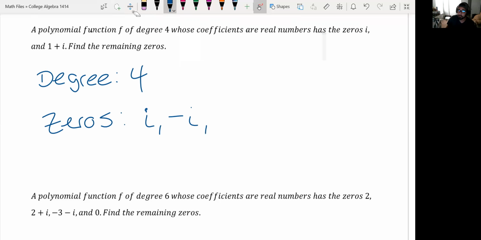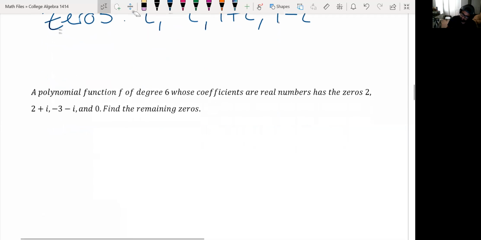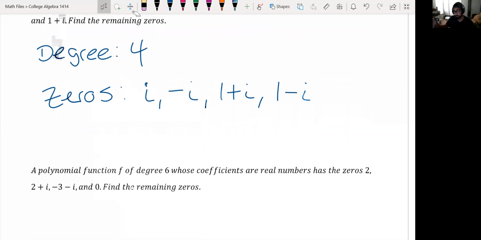And then the other 0 given is 1 plus i, which will have a conjugate pair, because that's complex, of 1 minus i. There you go. That's it. Nothing to it. That's all we're doing.